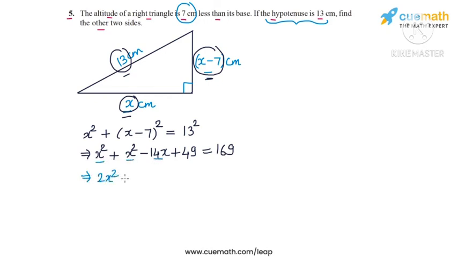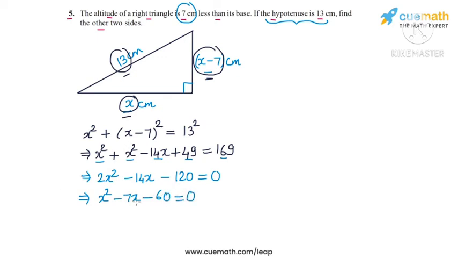Then we have minus 14x, and then we have 49 minus 169 on the LHS, so that is minus 120, and this is equal to 0. Now we can take out the common factor of 2 from all the terms, so we get x square minus 7x minus 60 is equal to 0.